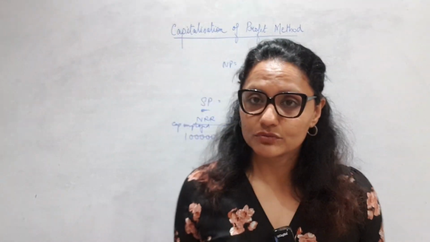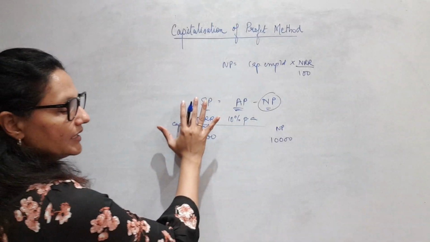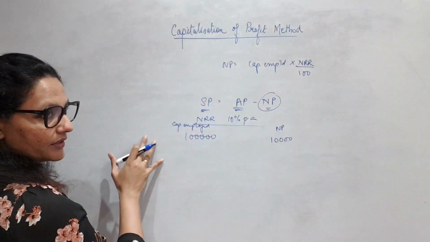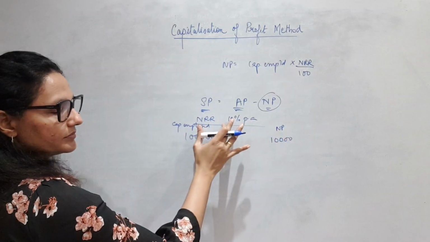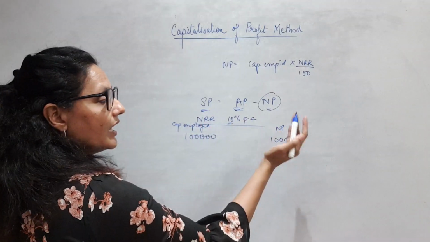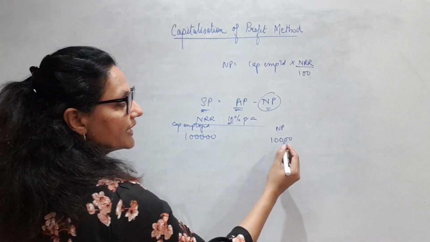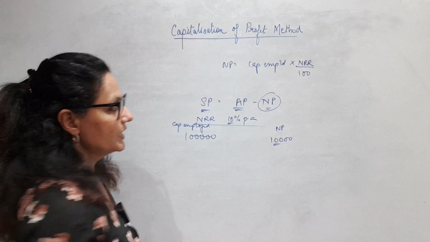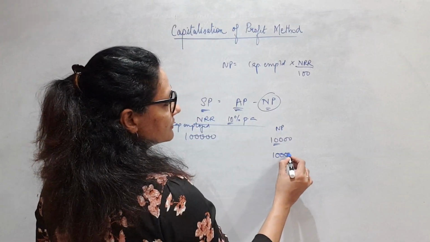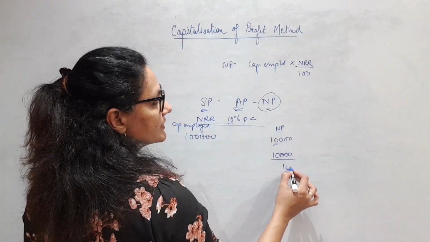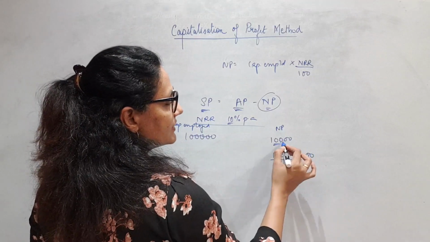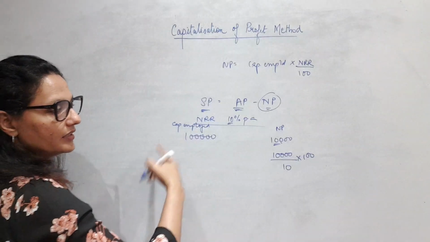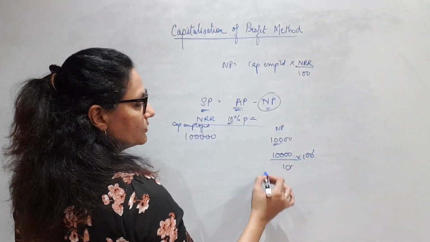If I say the other way around, normal profit is 10,000, how much capital do you require to get this 10,000 of profit, if the normal rate of return is 10%? How will you find out? You will do 10,000 by 10 into 100, because this is 10% of the 100, right? I need to come from here to here. So this will give you 1 lakh.